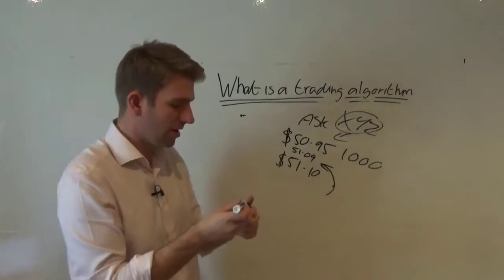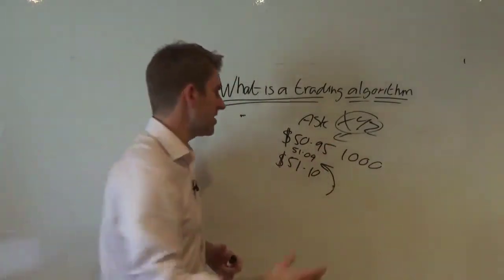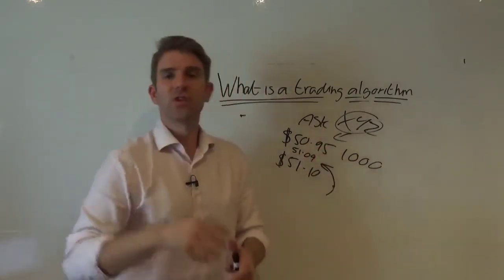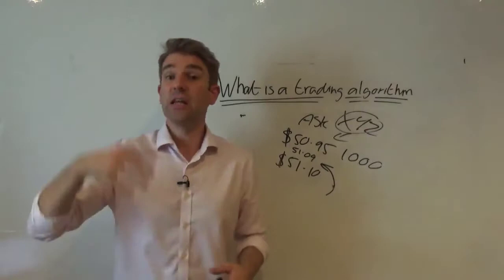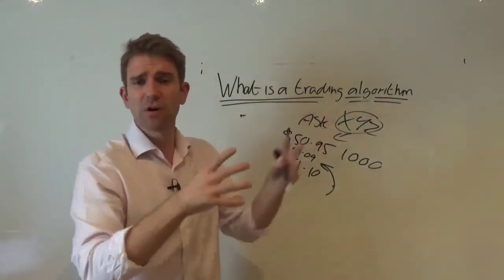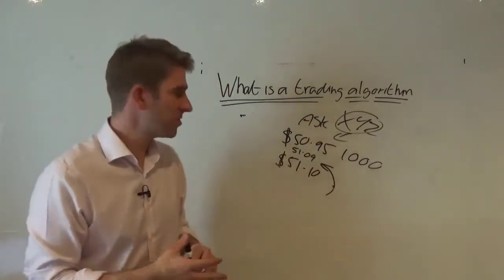In a split second you've been filled at 51.09. The HFT guy has made the difference between 51.09 and 50.95 on 1,000 shares. Thank you very much indeed. Doing that on multiple time frames and adjusting spreads, and that's a very simplified example. That's ultimately what the high frequency traders were doing.